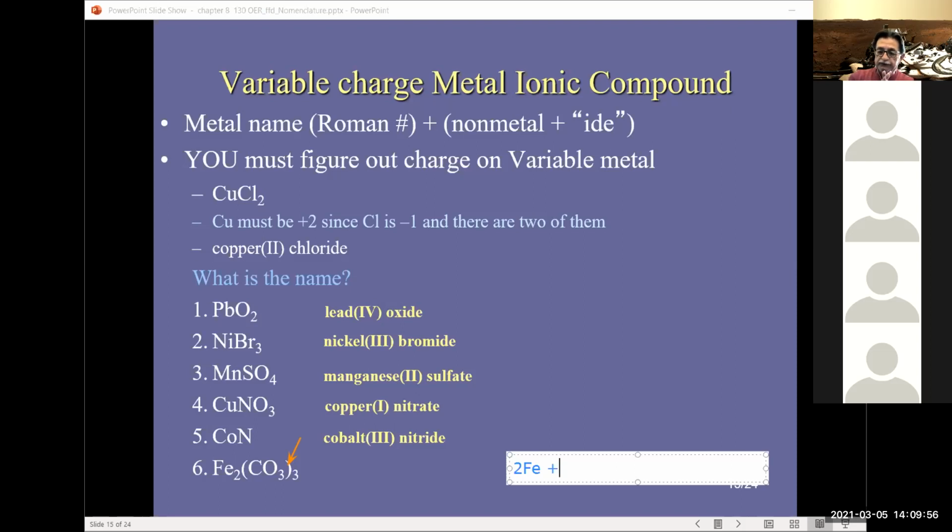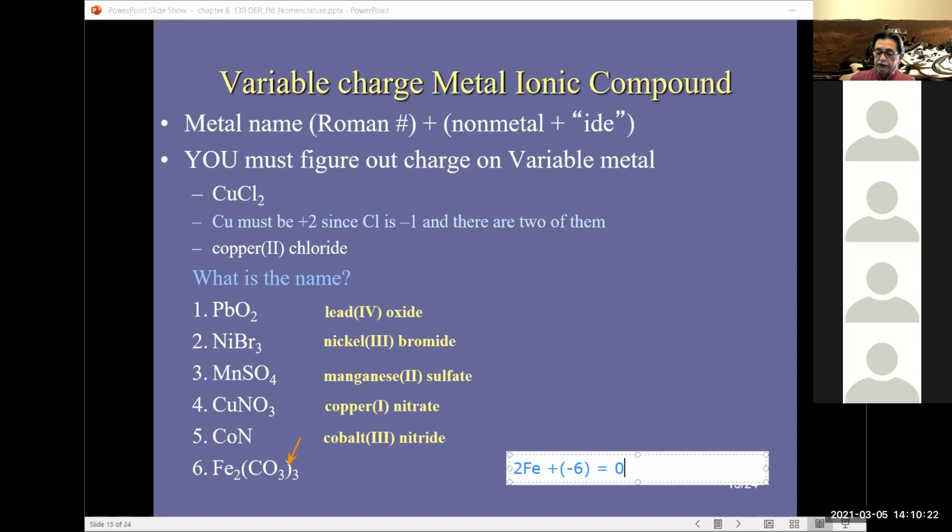You put it in the table and you see that CO3 is the carbonate and each one is a -2. Now, based on the parentheses, the subscript, there's 3 of them. So 3 times -2, isn't that -6? And the overall charge is 0.